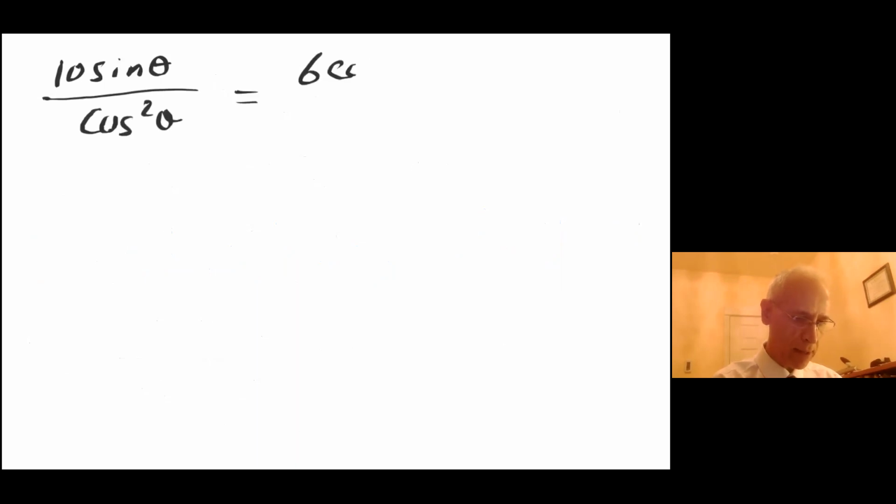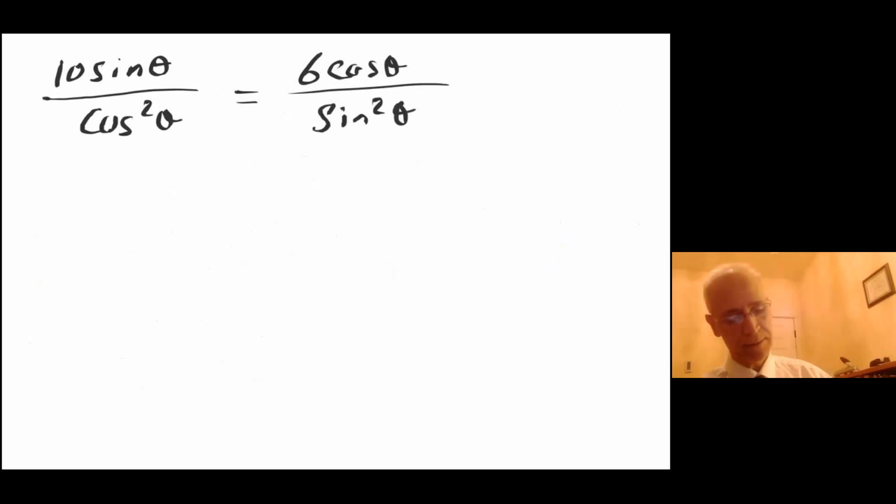So 10 sine theta over cosine squared of theta equals 6 cosine of theta over sine squared of theta. Let me do one baby step here.